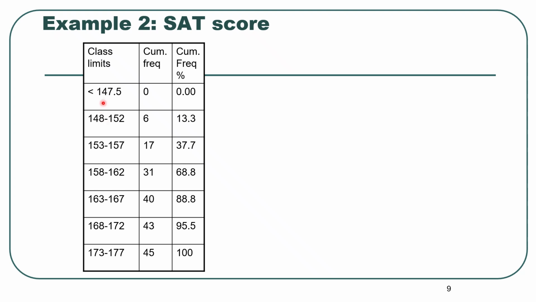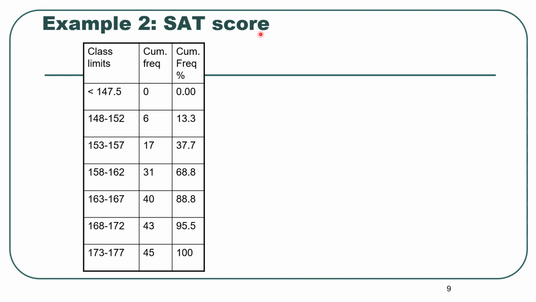I have 1, 2, 3, 4, 5, 6, 7 classes, but the first one has a cumulative frequency equal to 0. This is a class that we add just to let our ogive begin at the 0 point. So the original table of my frequency distribution for those SAT scores has only 6 classes.